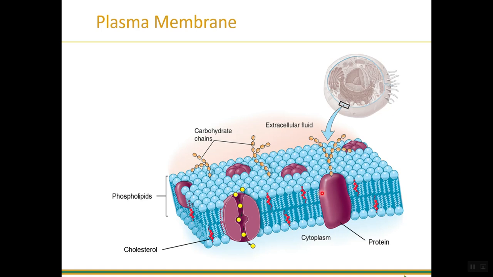Then you have different kinds of proteins that are embedded in the plasma membrane. This first one, it's in the purple colored box. It says most proteins pass all the way through the membrane and act as channels. So you can see this is a channel to allow different solutes or particles to go through the plasma membrane.